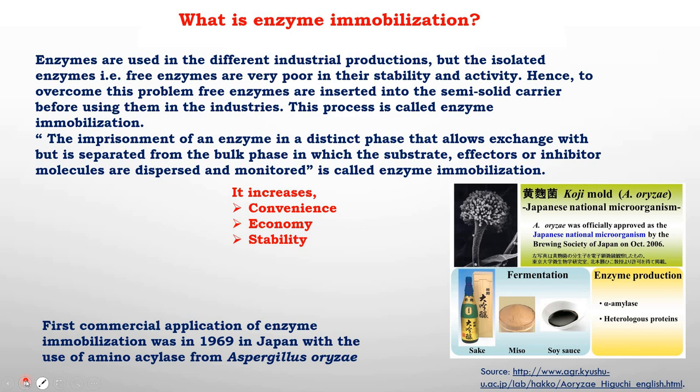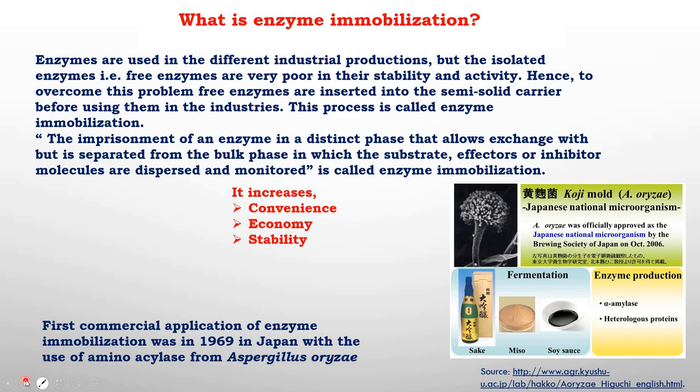So they have some precursors, and these precursors again produce some other molecules. So distinct phase means that phase of the enzyme when you are going to entrap or immobilize that enzyme, when it has its full potential to break down the substrate.